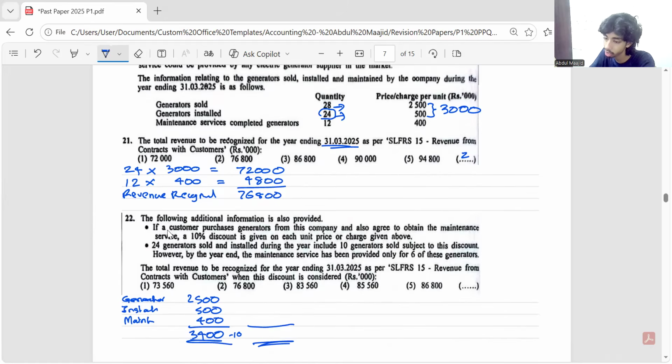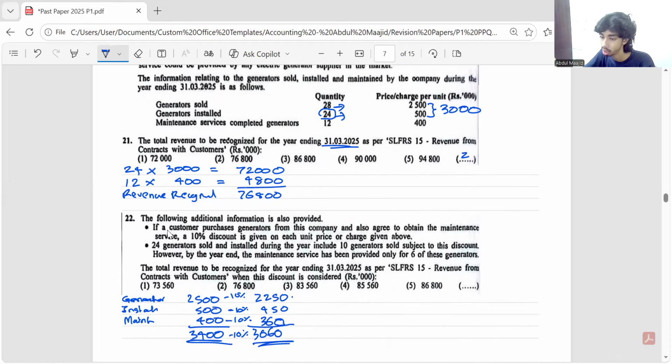So minus 10%, 340, 3,400 minus 340, 3,060. So from each of these items, you can deduct 10%. 2,500 minus 250, 2,250. Installation minus 10%, 450. Here, 400 minus 40, 360. These are the discounted prices. Okay.